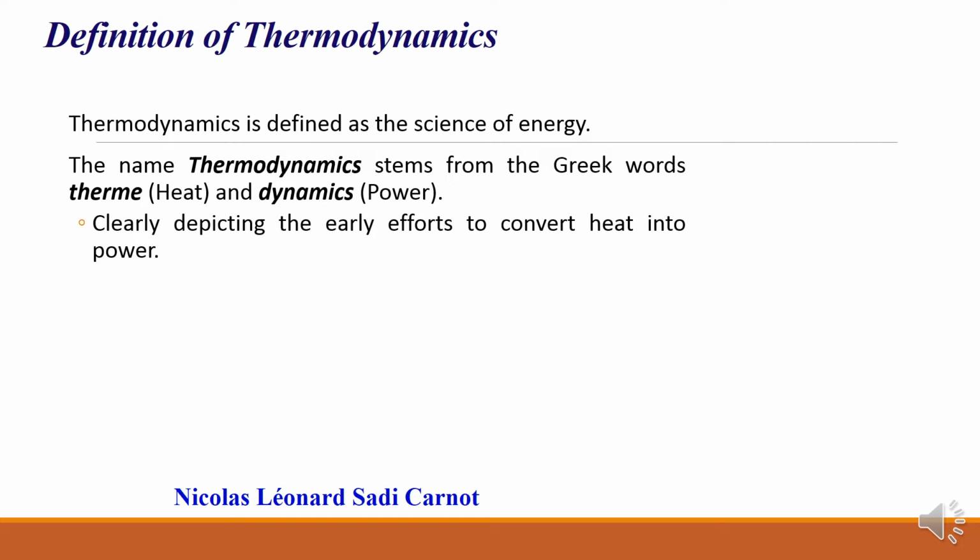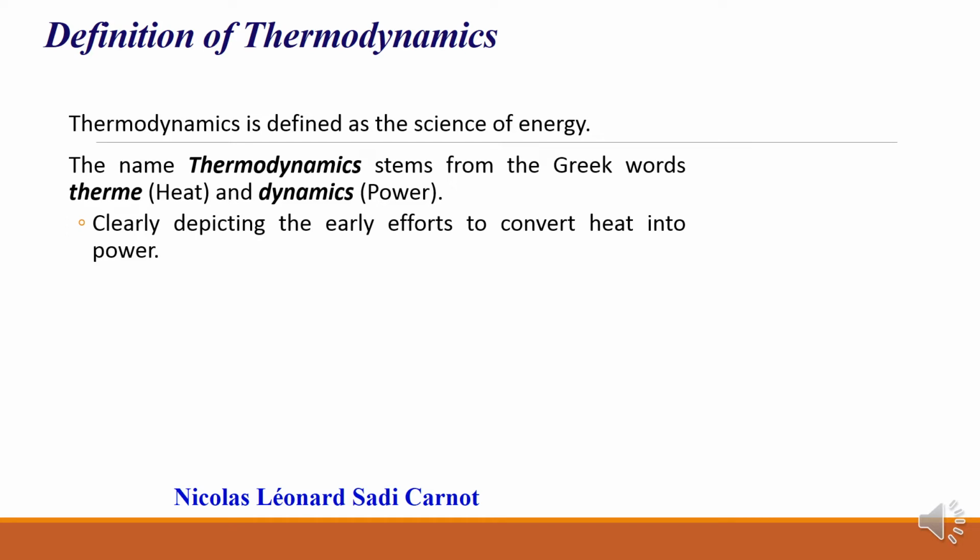Now, if you see, there are different energies available. One of them is heat, right? Others are kinetic energy, potential energy, internal energy, that you must have studied. But here, conversion of your heat into power is very important.